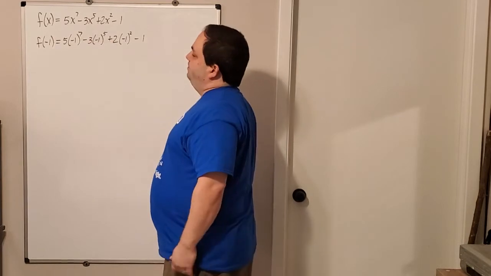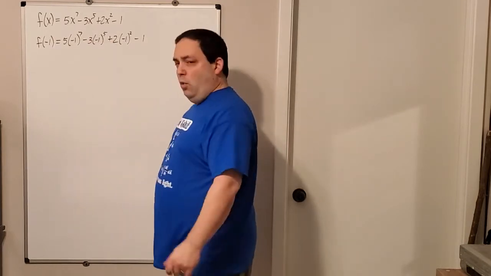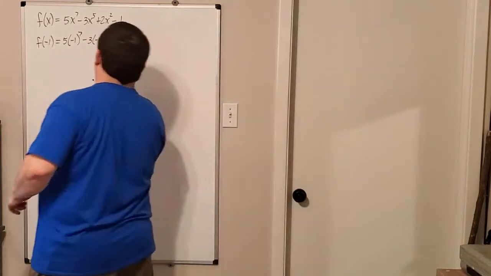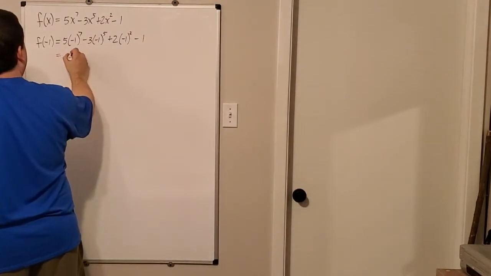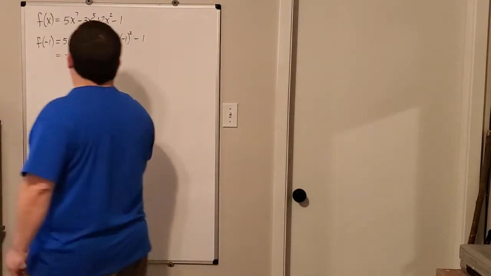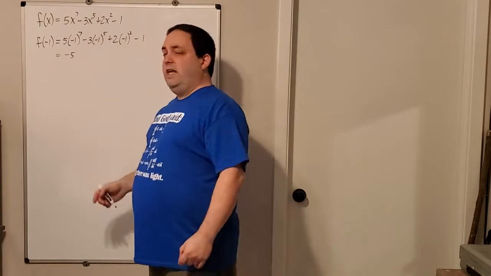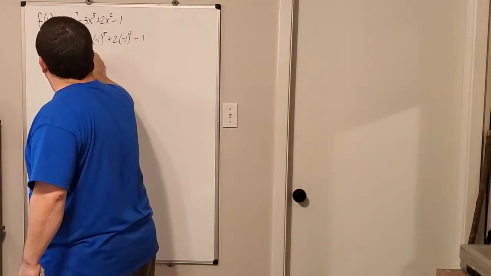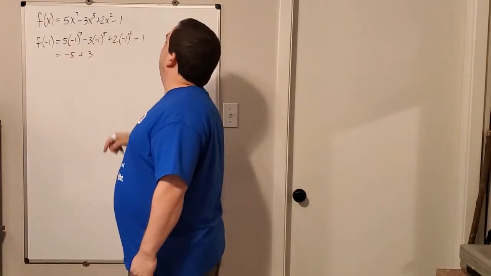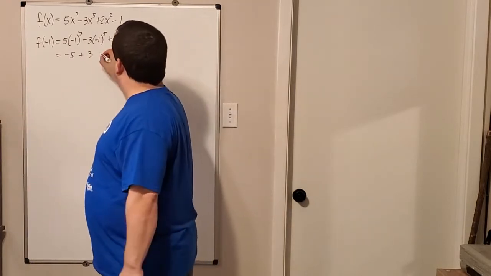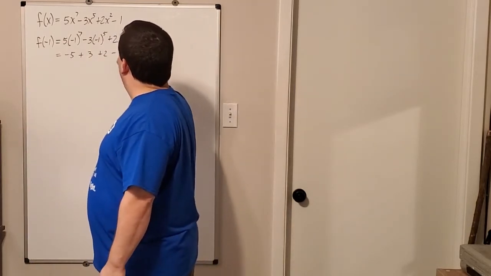Okay, so look. -1 to the 7 is -1. Times 5 is -5. -1 to the 5th is -1. Times -3 is +3. Right? -1 squared is 1. Times 2 is 2. And then, of course, the -1 is still there.